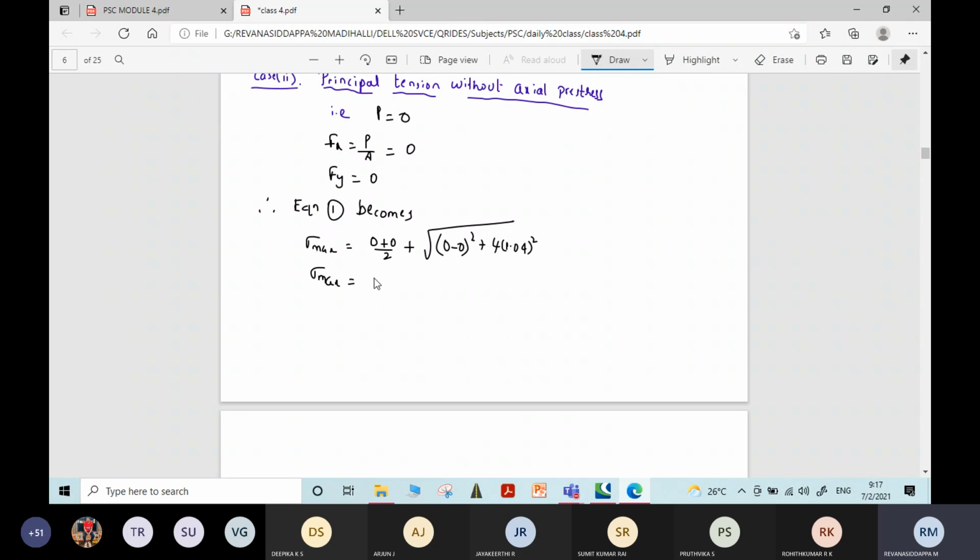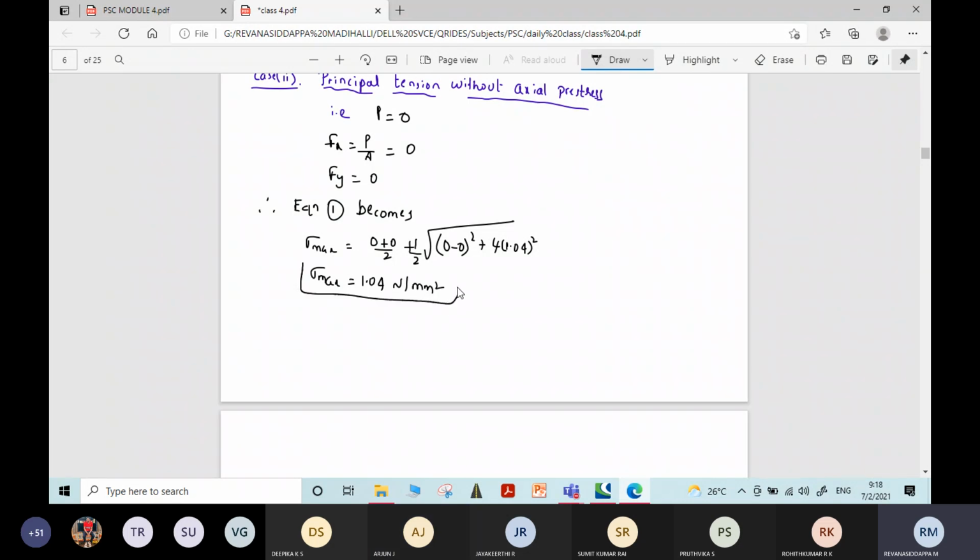How much will you get? 2.08. Here I skipped the half, right? If you do the half, you'll get 1.04 only. Am I right? 1.04 Newton per mm square.